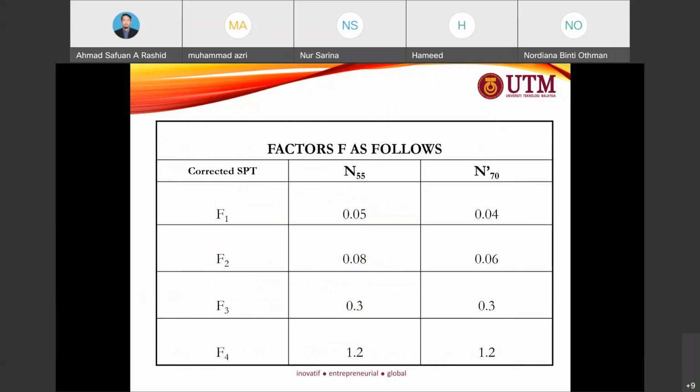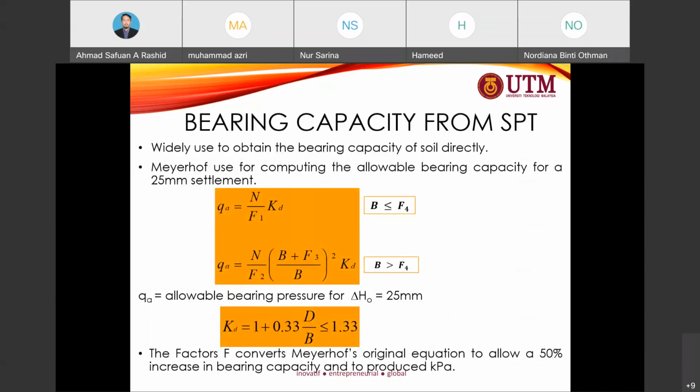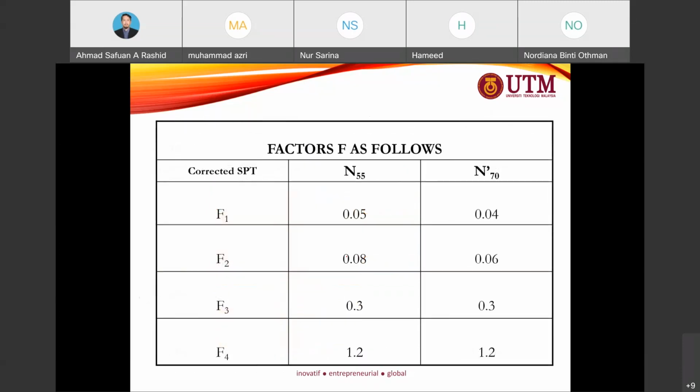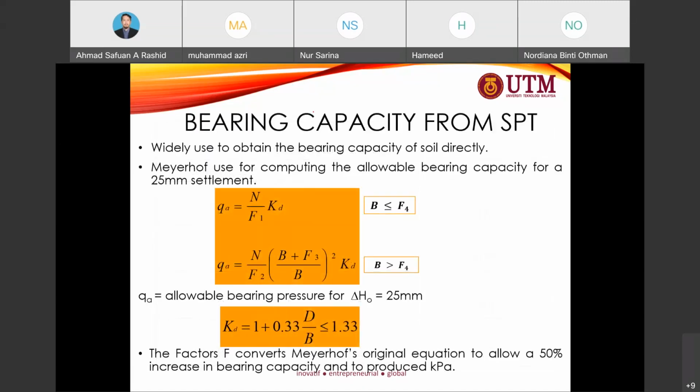The F4 that we refer to here is the value of 1.2, meaning B is compared with 1.2 to differentiate between the first and second equations. So we need to check the comparison between B and F4.